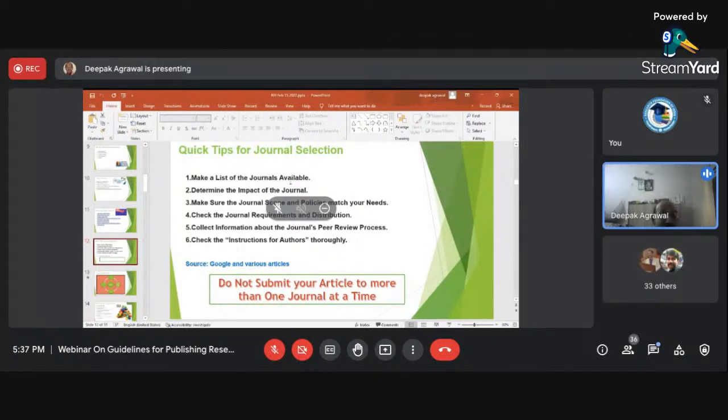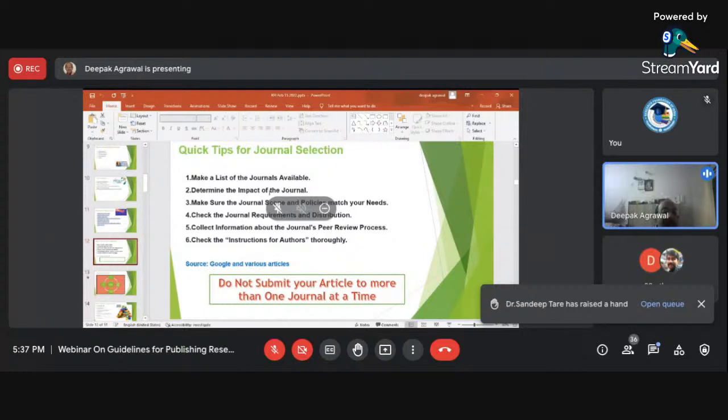They do not charge publication fees, but there is a huge waiting time. You need to wait about 1.5 to 2 years to get approval of your paper. So no doubt they are not charging, but at the same time a huge time lag is required. It's all your choice which option you want to move upon.